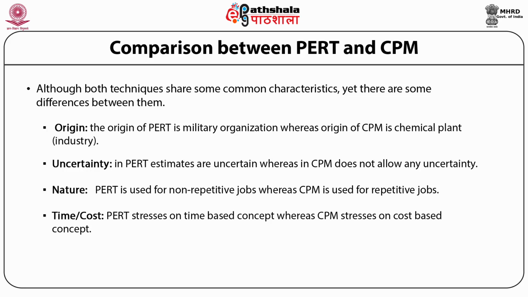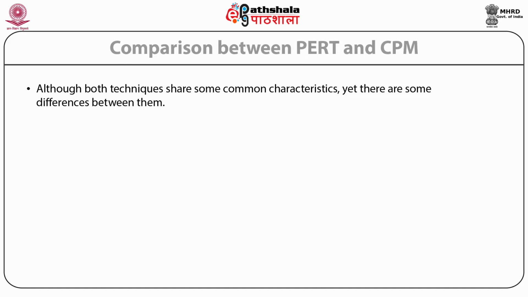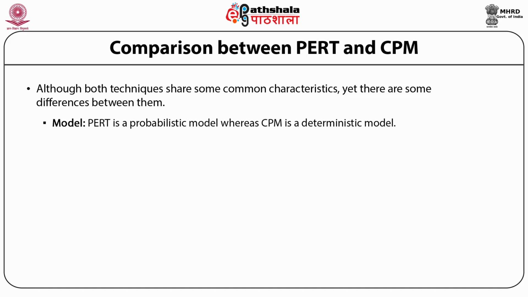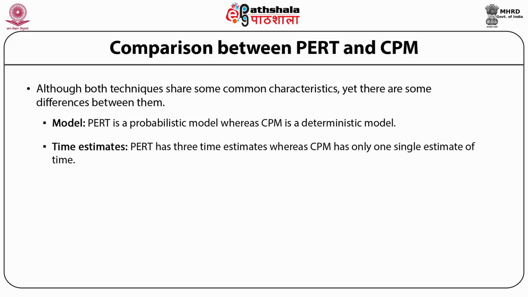Time or cost. PERT stresses a time-based concept, whereas CPM stresses a cost-based concept. PERT is a probabilistic model, whereas CPM is a deterministic model. Time estimates.